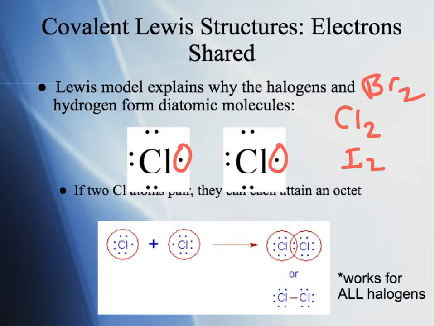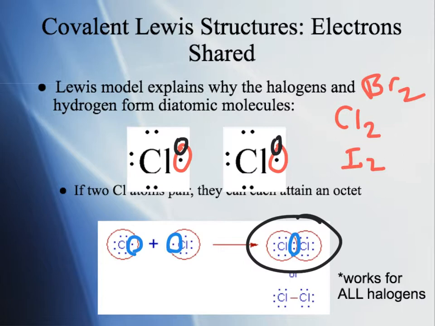If chlorine has basically one space available, the chlorine atoms can come together and share their valence electrons super easily to make Cl2, and that's what we see down here. We've got this valence electron and this valence electron coming together to be shared in the middle, and we get that diatomic gas.